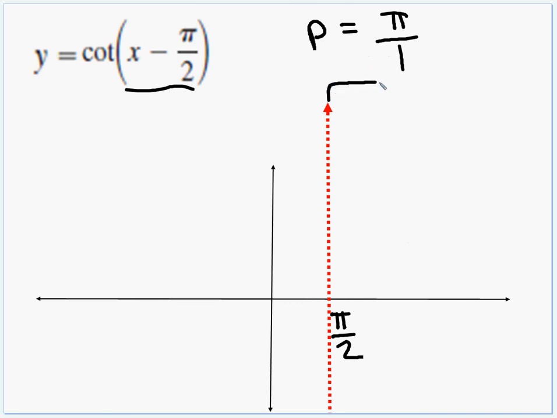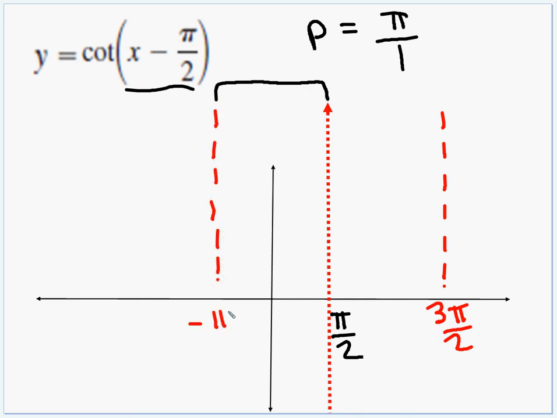Let's use that to jump to our other VAs. So if we're at pi over 2 and we jump 1 pi this way, half pi plus 1 pi is 3/2 pi. All right, let's say we jump to the left. If we're at positive a half pi and we minus 1 pi, we're going to be at negative half pi. Negative pi over 2.